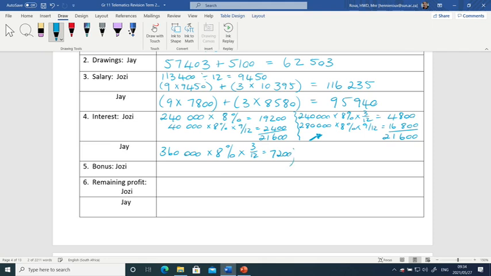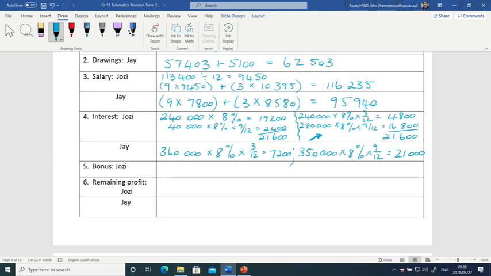Then he decreased with 10,000, so now he can only earn interest on the 350,000 at 8% for the remainder of the year, for the 9 months. 21,000, sorry. So his total interest earned will be 28,200.